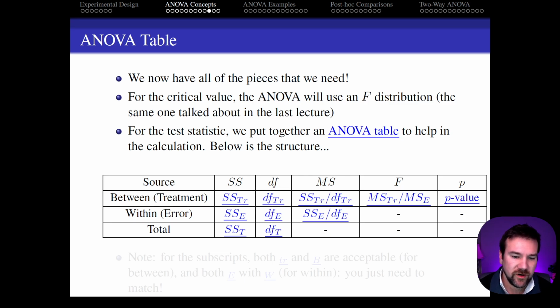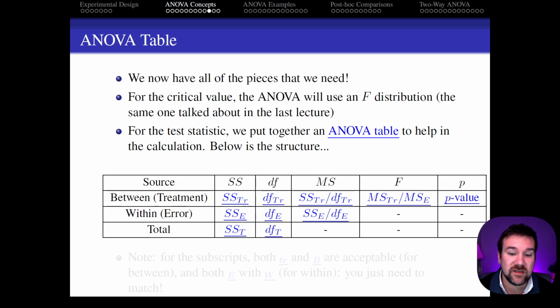For the sums of squares, we have the sum of squares between plus the sum of squares within equals the sum of squares total. That's what we had in our previous slide. That's our fundamental ANOVA identity. And each of those pieces, we actually already have the equations for. Now I write TR, E, and capital T here to represent treatment, error, and total.